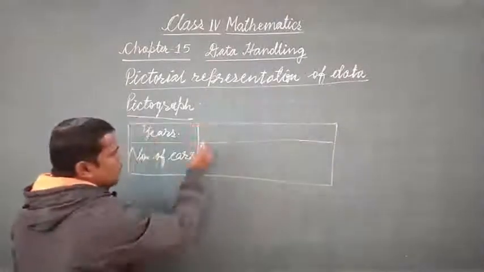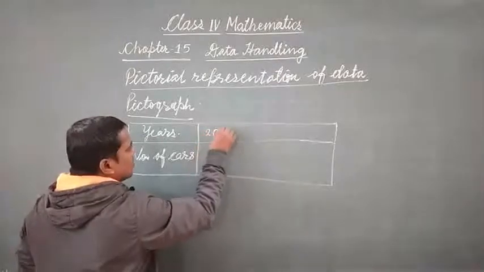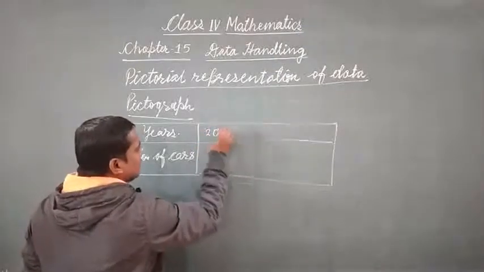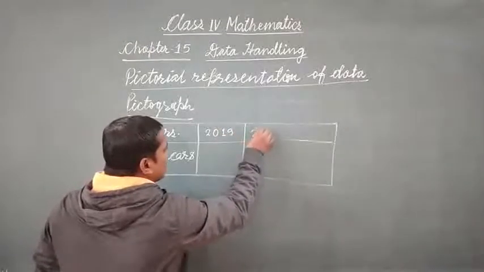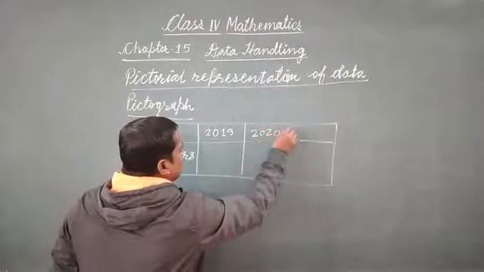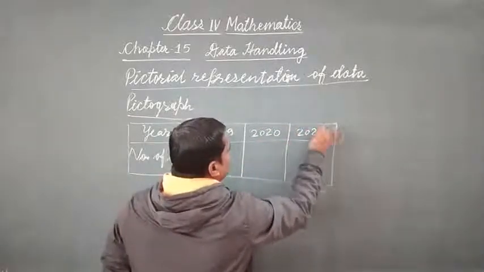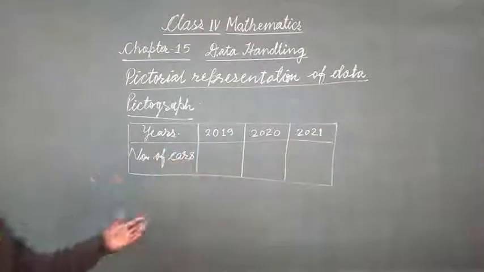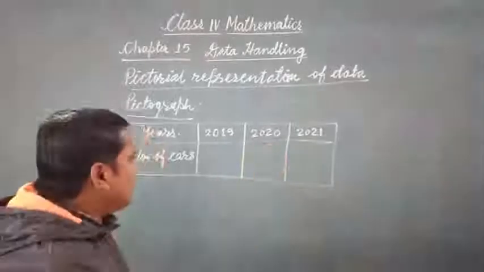Here suppose it is given 2019, 2020 and now 2021. In these years, the cars produced by the company are given.